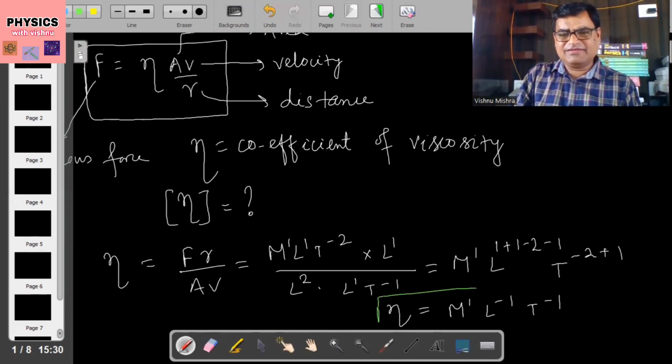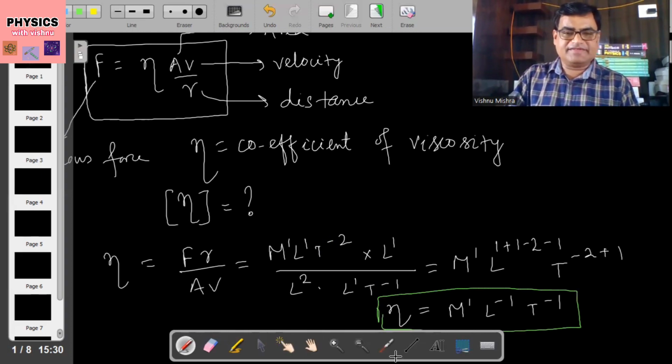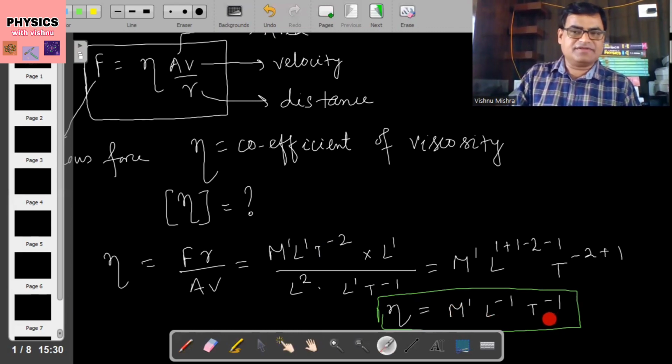Eta you will frequently use in long questions in unit dimension. Eta is M1 L minus 1 T minus 1. Eta is equal to FR by AV. Put the F dimension, R dimension, A dimension, V dimension, and finally you are going to get M1 L minus 1 T minus 1. Very simple thing.